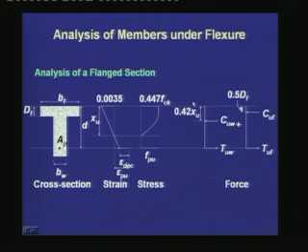CUW acts at a distance of 0.42 XU from the top fiber. The resultant compression in the outstanding parts of the flanges is denoted as CUF, and it acts at a distance of 0.5 dF, that is half of the flange depth, and the corresponding component of the tension is denoted as TUF.